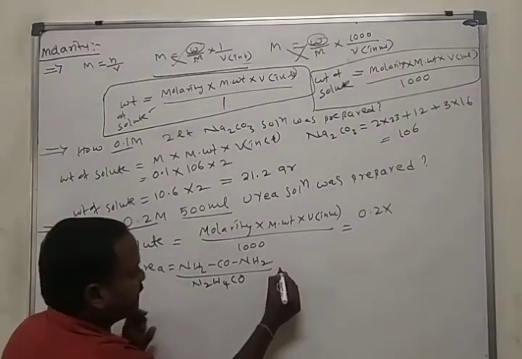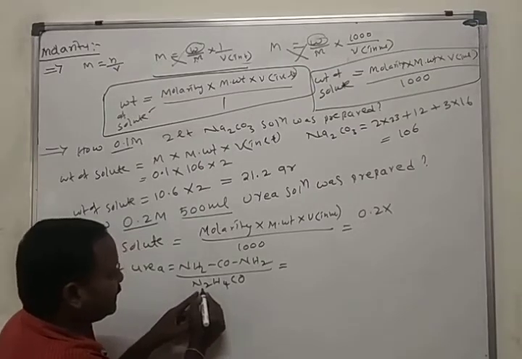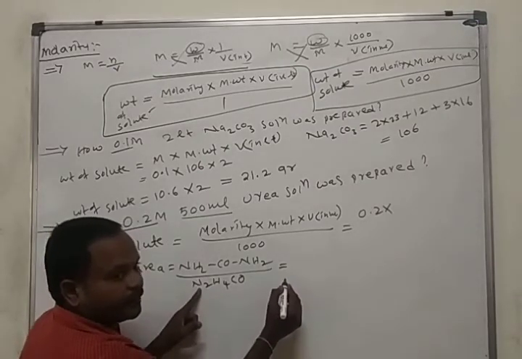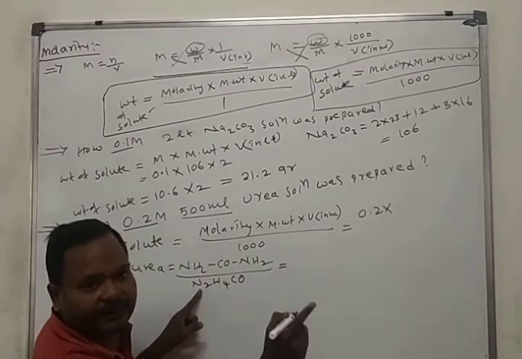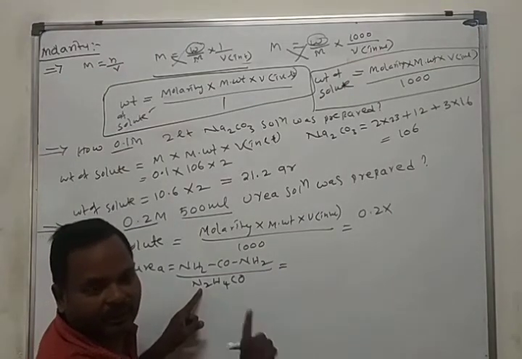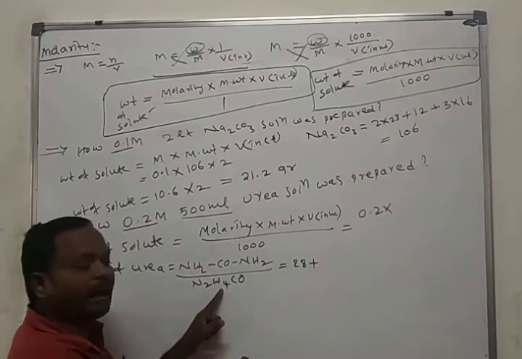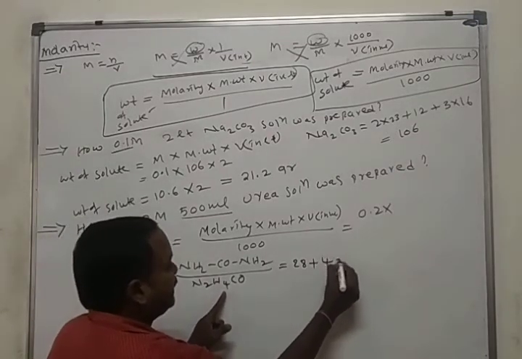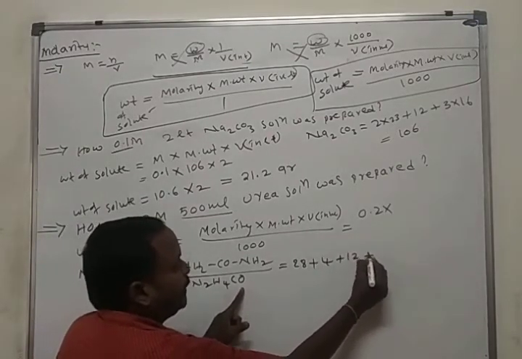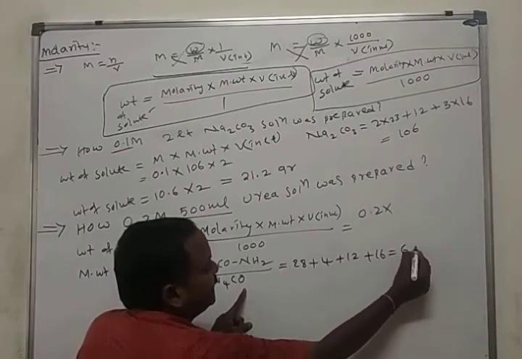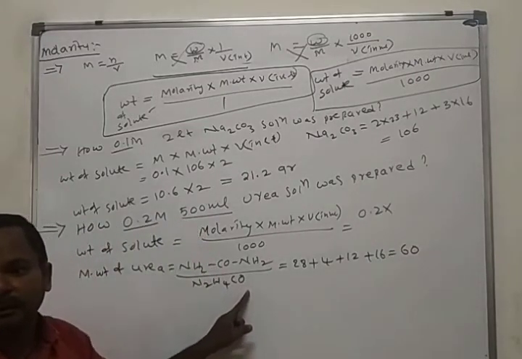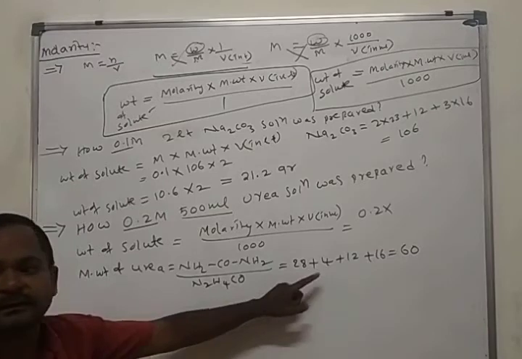Then write: 2 nitrogens, nitrogen atomic weight 14, 2 into 14 is 28, plus hydrogen 4, plus carbon 12, oxygen 16. Total 60. The molecular weight of urea is 60.